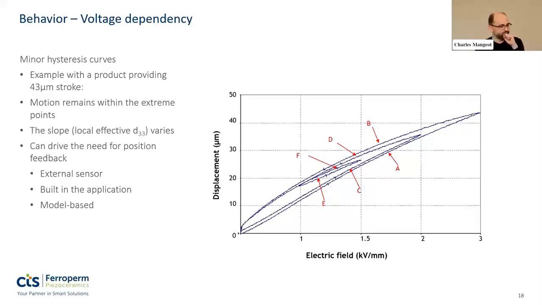So in a laser application, you may want to maximize the output, so you have directly a photodetector that gives you feedback information. Or it can also be model-based, because this behavior can be modeled with a mathematical approach. So it can provide you with at least a first linearization.